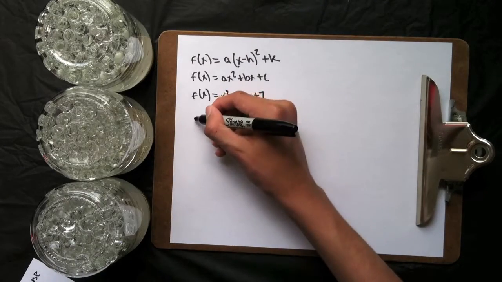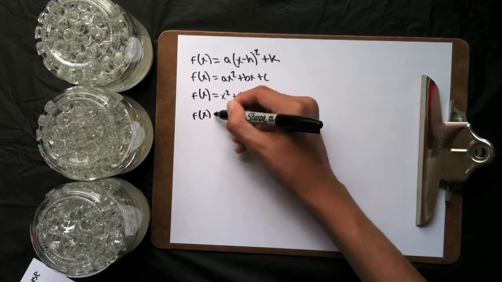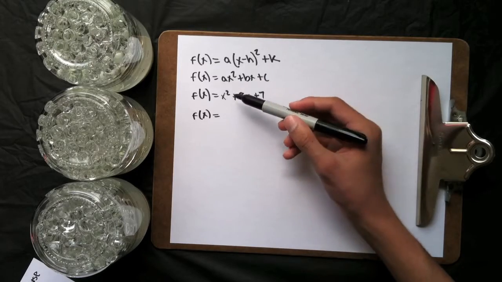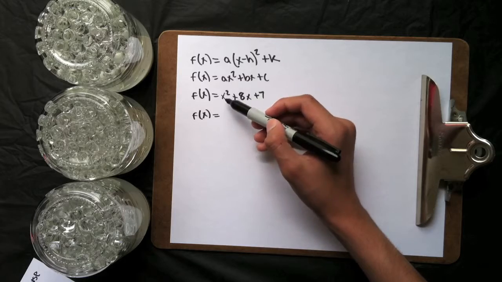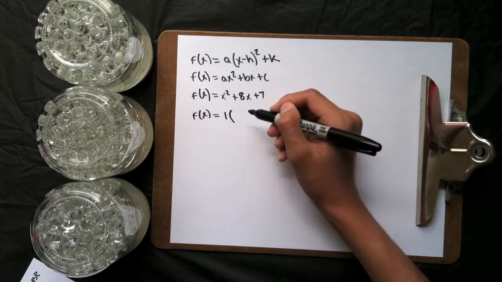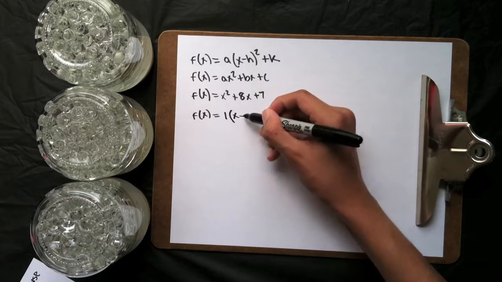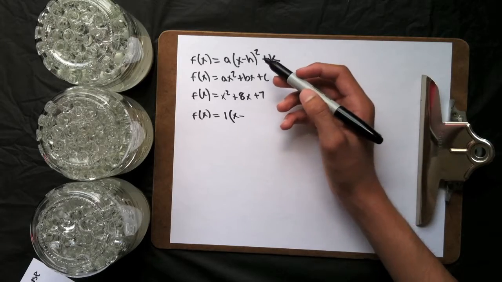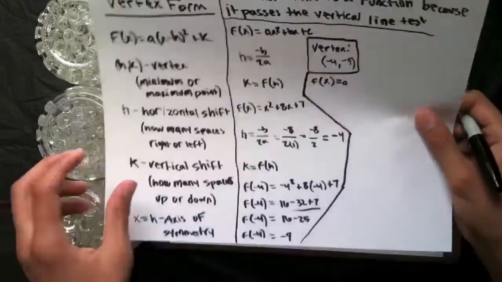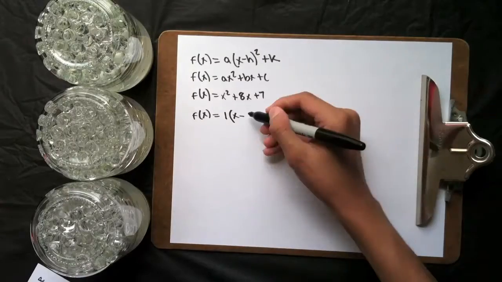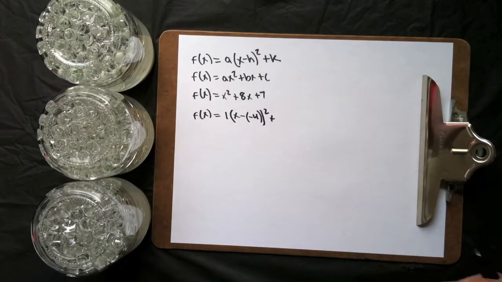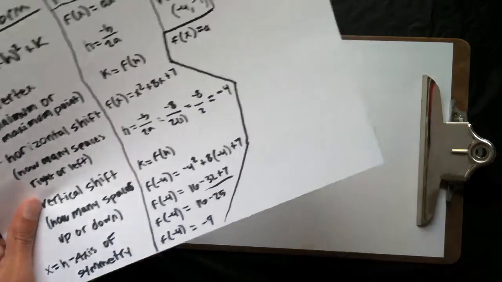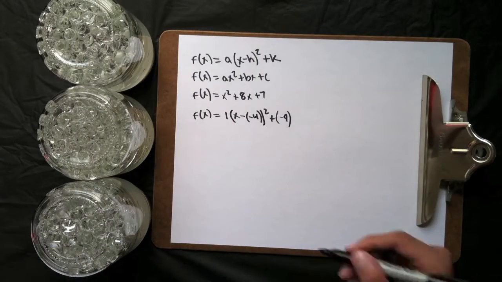Now let's write f of x equals, and we just plug in over here. So a is 1, and open parentheses, x minus h, and h is negative 4, squared, plus k, which is negative 9, and now we just have to simplify.